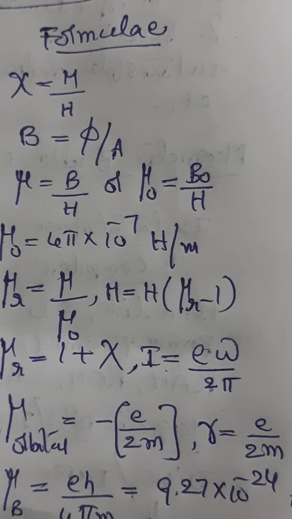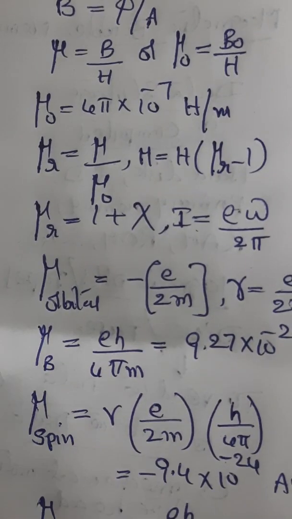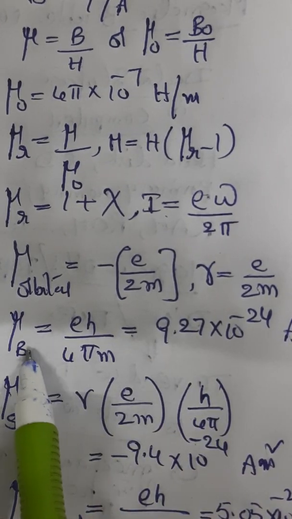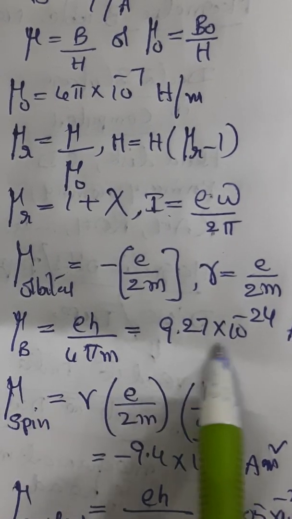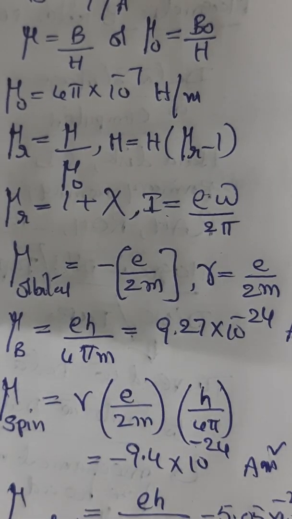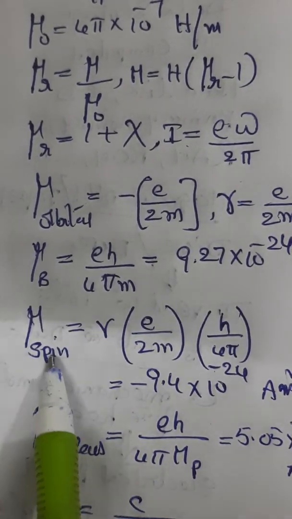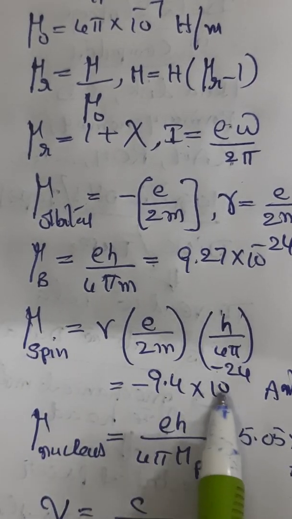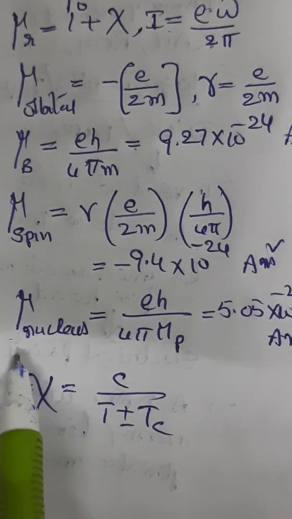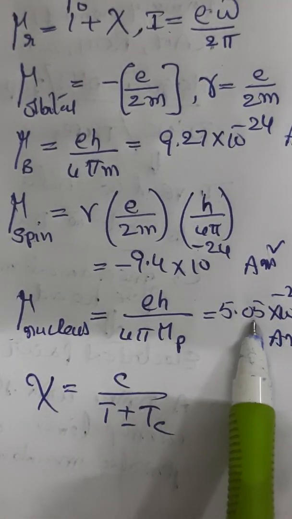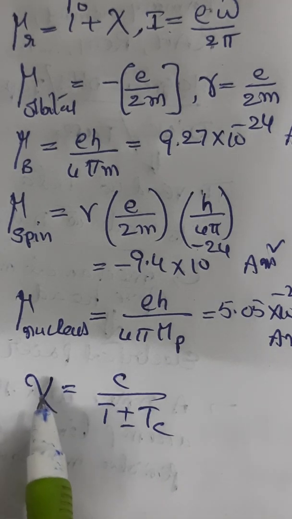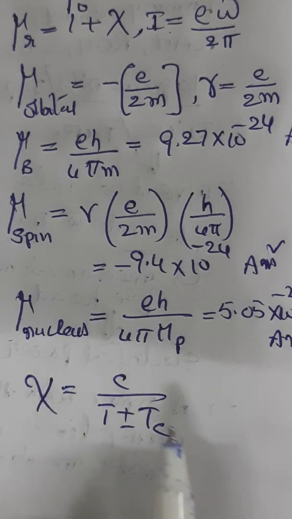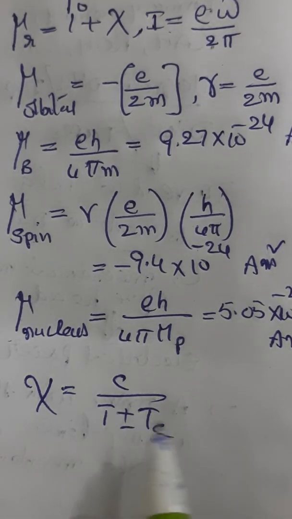Then from there we looked at orbital magnetic moment, where Bohr magneton is substituted. This is the standard value of Bohr magneton, and this is the contribution of spin moment of the electron, whose standard value is this. This is the contribution of nuclear spin. These are the standard values, and of course we have seen Curie-Weiss law in the classification of dia, para, ferro, anti-ferro, ferrimagnetic materials. Curie-Weiss law, Curie theory is being observed.